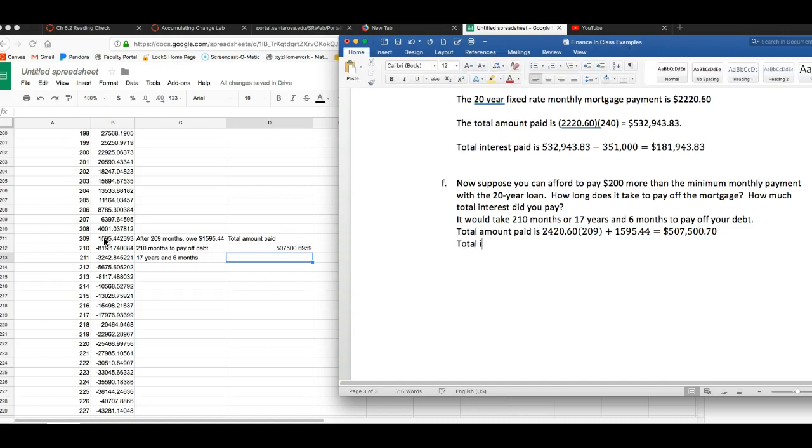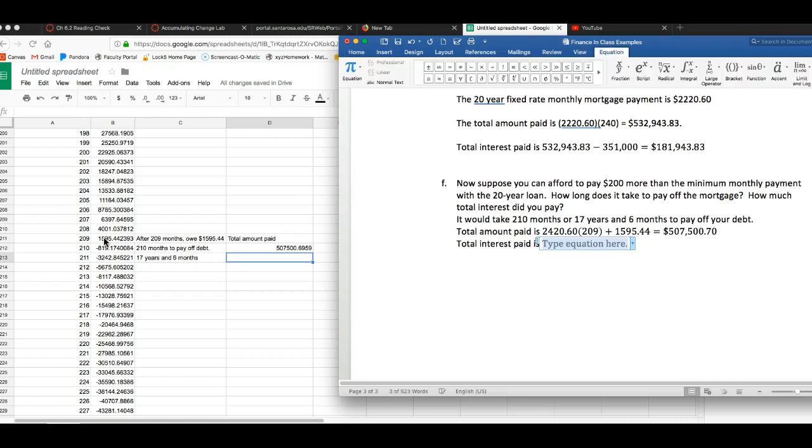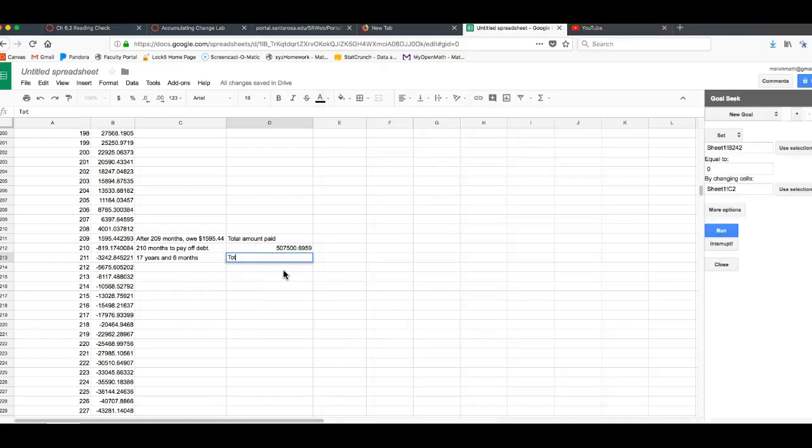So then total interest paid is, we're going to take this amount, $507,570, and subtract $351,000, your initial debt amount. Do that right here. So total interest paid is going to be your total amount paid minus your initial debt.